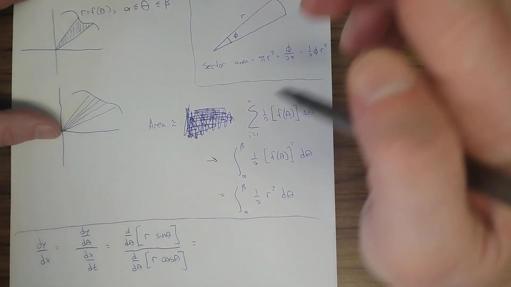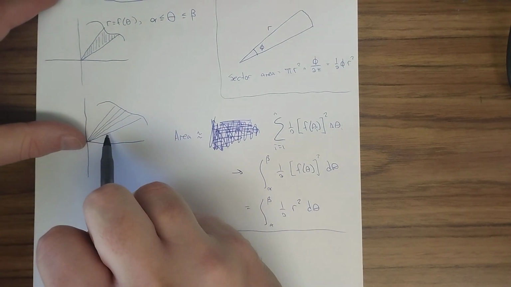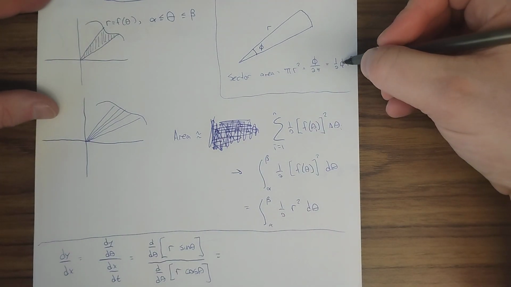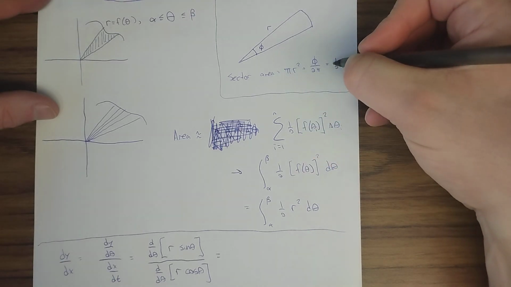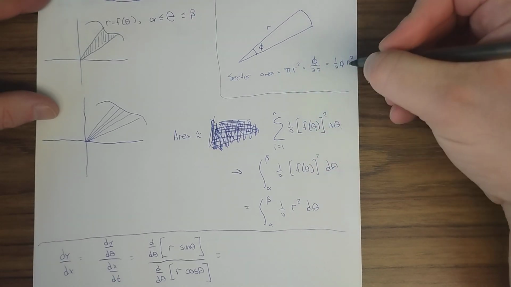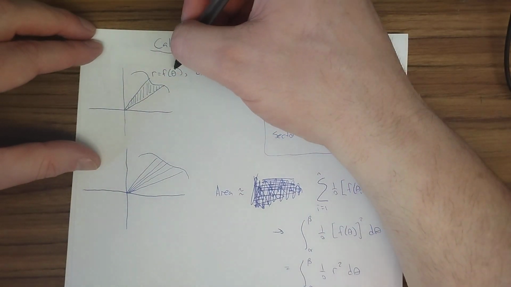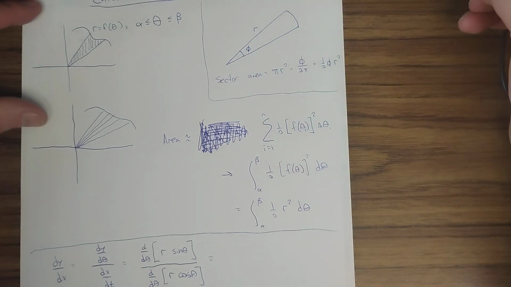The angle is what I'm going to call delta theta, a small change in theta. So each one of these has an angle of delta theta. This phi turned into a delta theta. I've got my 1/2 here, and then this is my r squared, because this is the graph r equals f of theta, so instead of r, I write f of theta.